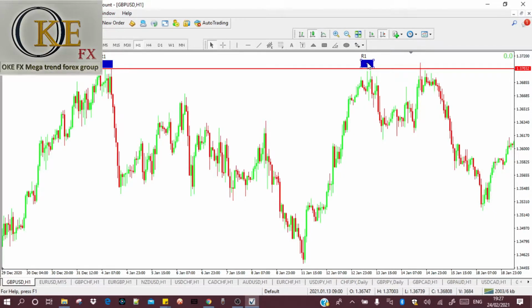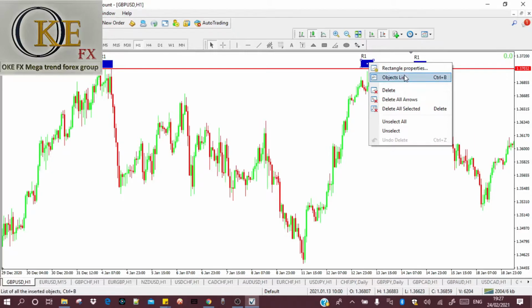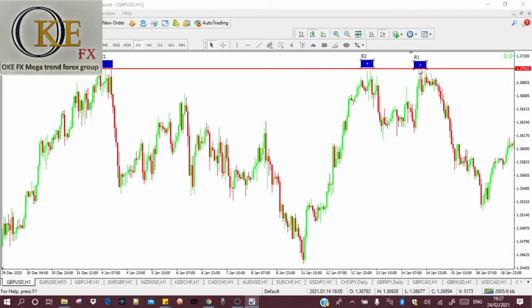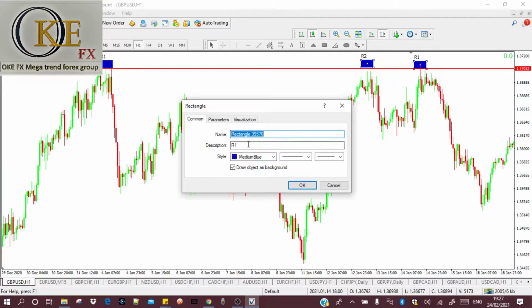That is just the way you can copy any objects that you have already drawn on your MetaTrader 4. Now, there will be need for me to rename this label, and then under object properties I make it 2, and then this will be 3.